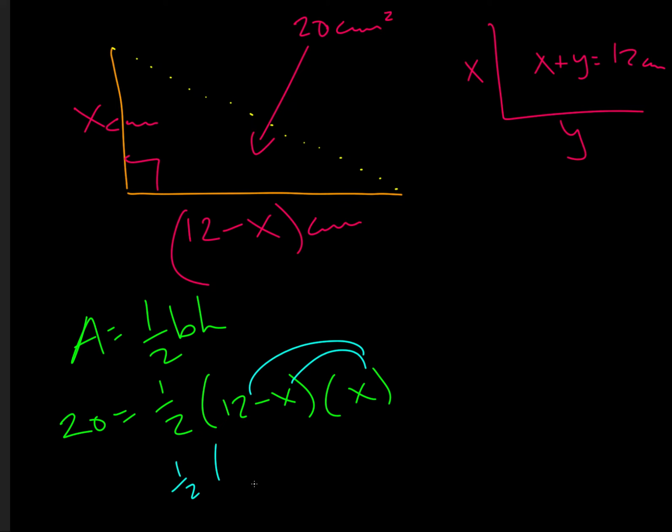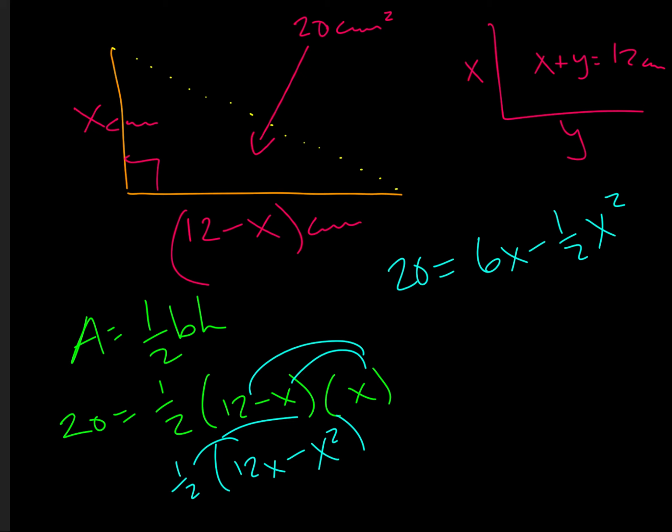So I'm going to keep the 1/2 out there, but we get 12x minus x squared. Then we multiply the 1/2 through that, and so we still have our 20. And if we cut 12 in half, we get 6, and then minus 1/2 x squared.